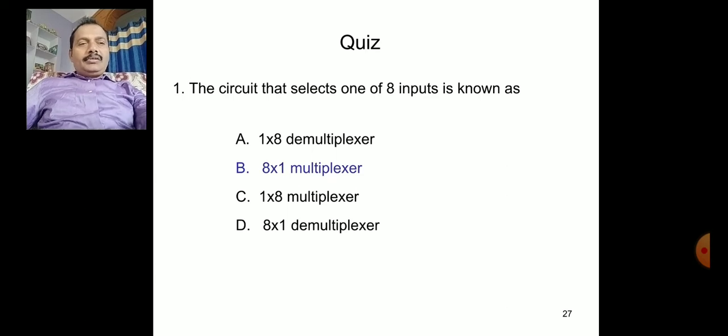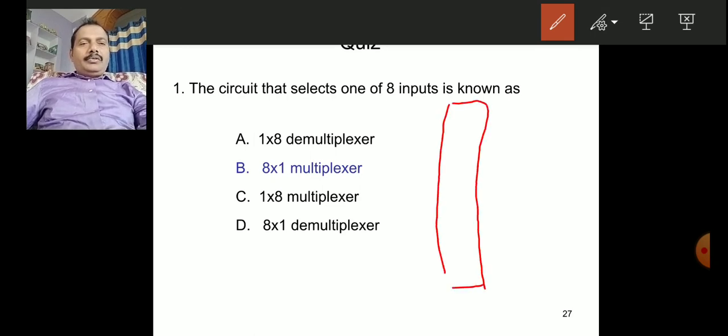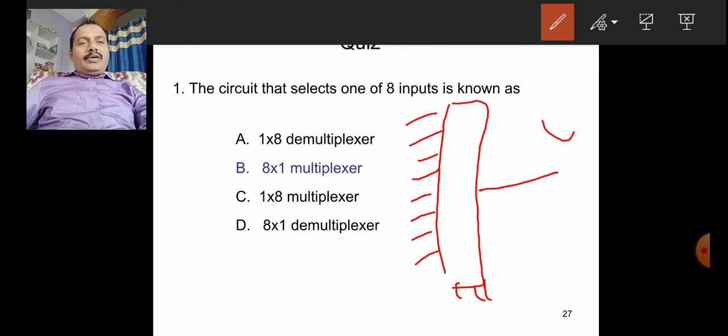That means, for example, 8 inputs you have: 1, 2, 3, 4, 1, 2, 3, 4. Totally 8 inputs and 1 output. How many selection lines? Three selection lines, and this is the data output Y. So this is the multiplexer.